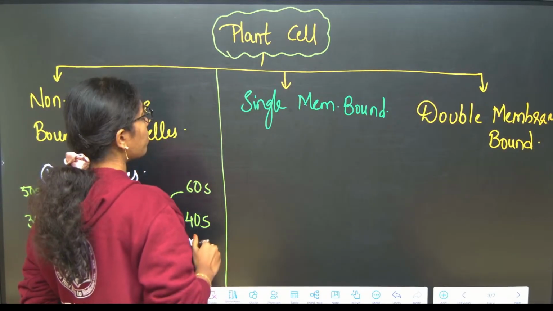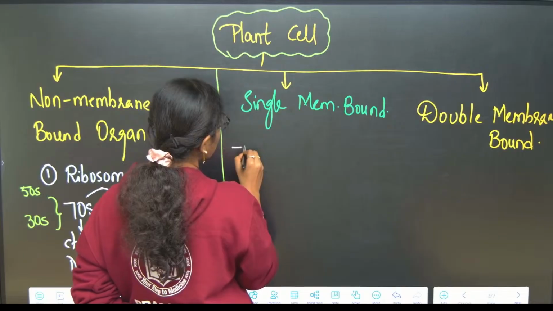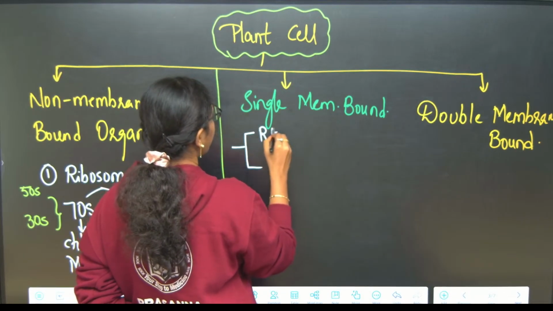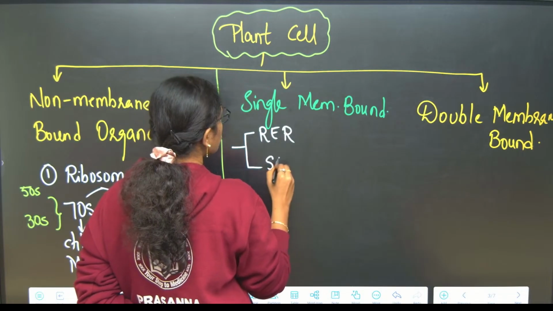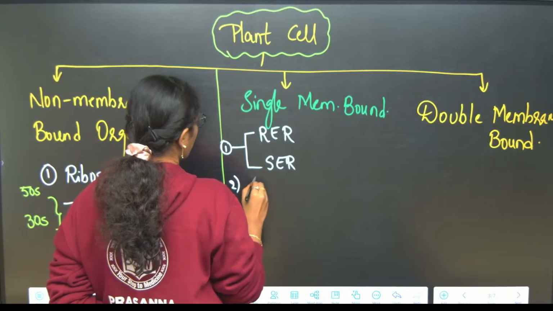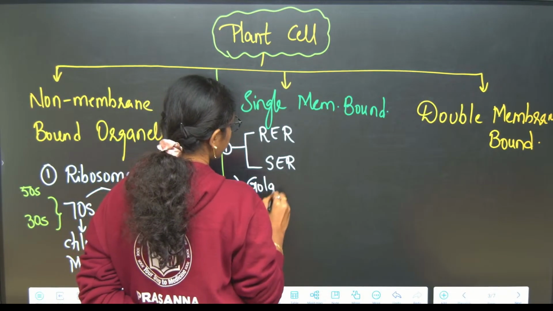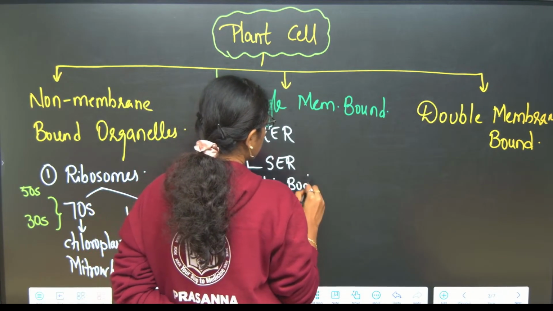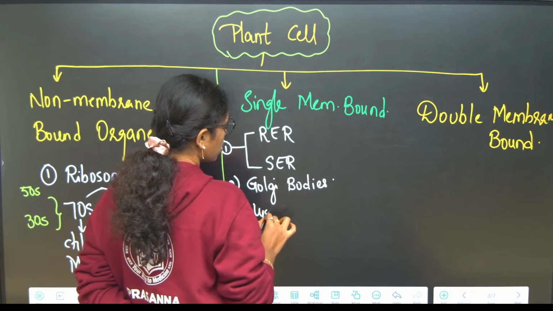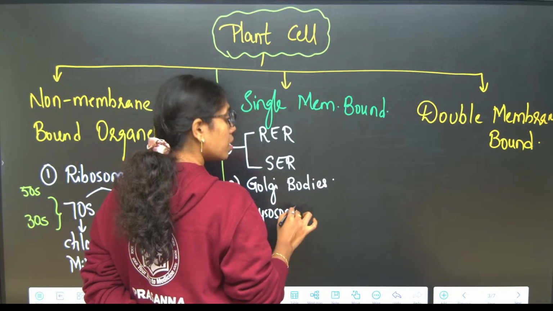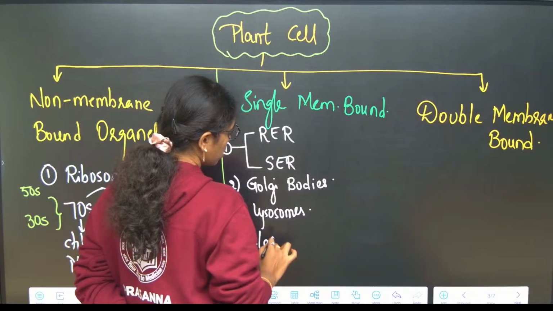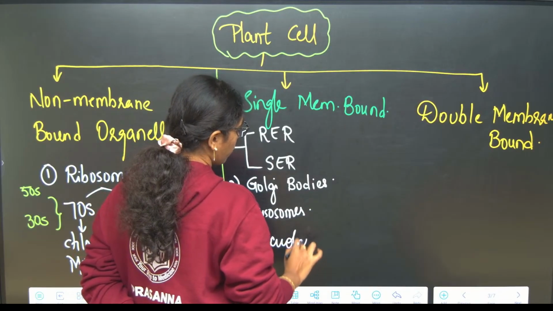Here, if you see single membrane bound organelles, what are the single membrane bound organelles that we have come across? First is endoplasmic reticulum, both rough endoplasmic reticulum and smooth endoplasmic reticulum. Second is Golgi bodies. Third will be lysosomes. Fourth is vacuoles.